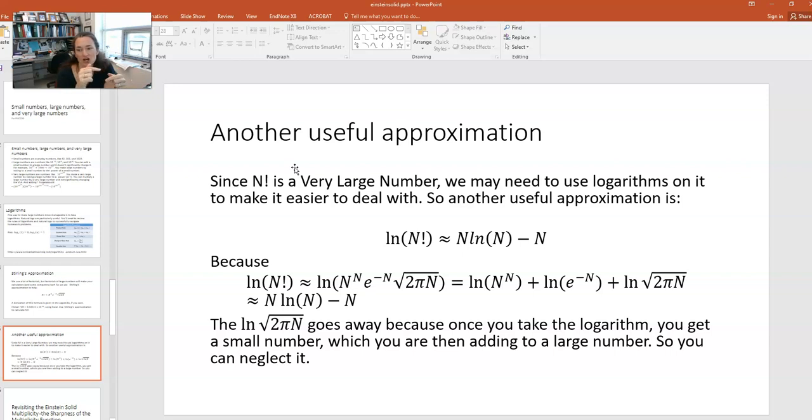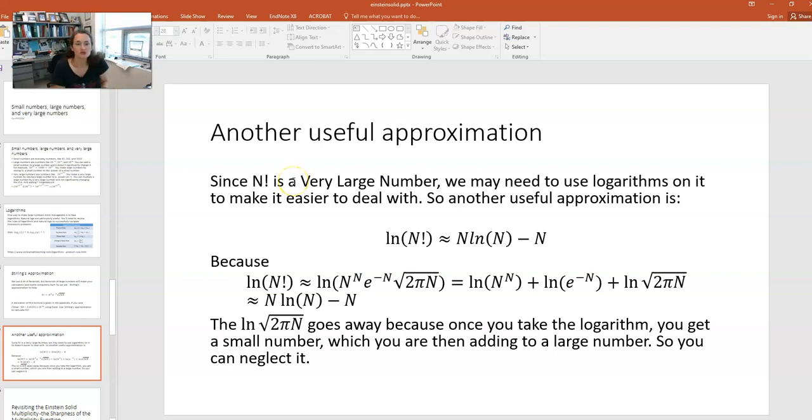And then the log of the square root of 2 pi n, well, that you can approximate as going away, because once you take the logarithm of the square root of n, you're going to have a small number. And n is a large number, and adding or subtracting a small number to a large number doesn't change the large number. So we can approximately say that the log of n factorial is equal to n log n minus n. Okay?